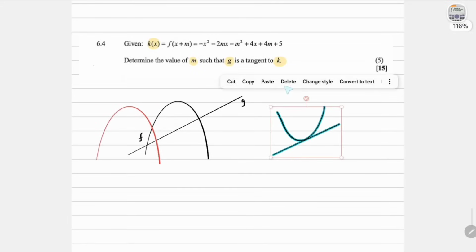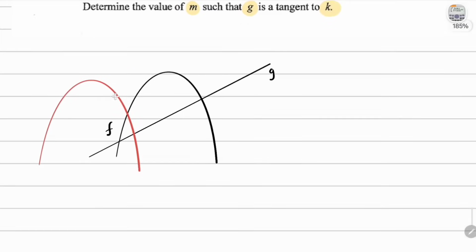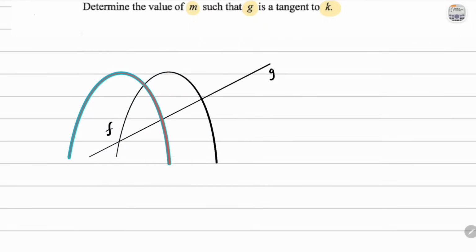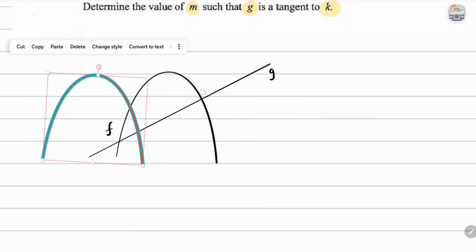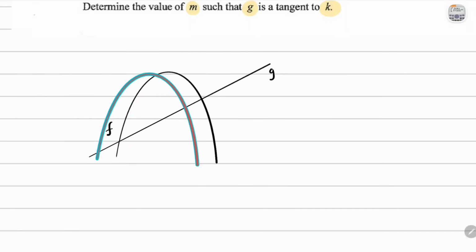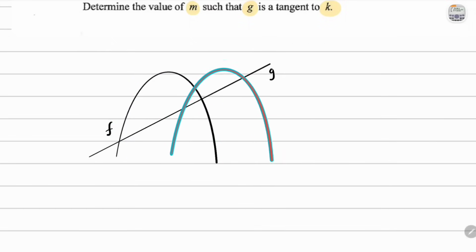Okay, so with that being said, you can see that it will never be a tangent to the graph of k, the new graph, if we shift it to the left. This is never going to happen. It just constantly intersects the graph of k. Okay, so we're not going to shift it to the left. We will shift it to the right. Look at what happens when we shift it to the right.